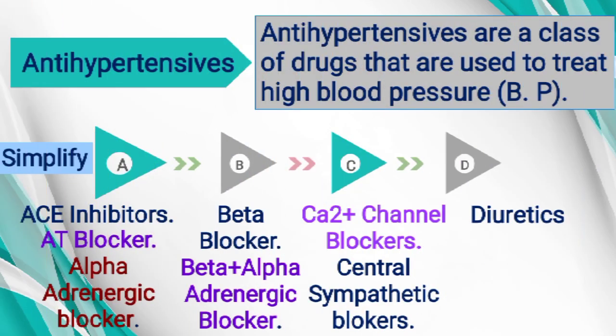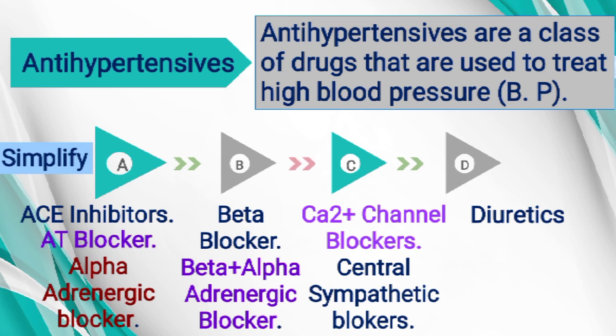Now, what is an antihypertensive? Antihypertensives are a class of drugs used to treat high blood pressure, BP. Now, we simplify this classification in ABCD form so that we can easily remember it. In category A: ACE inhibitor, AT blocker, alpha adrenergic blocker.